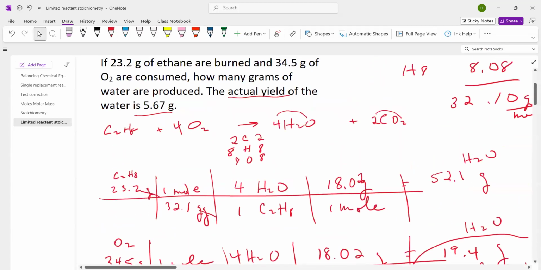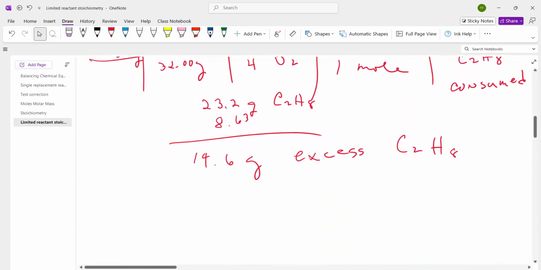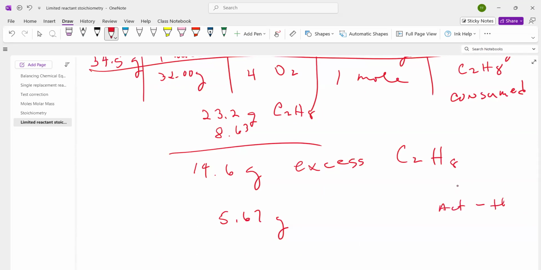Just ask anyone who's been in a relationship, they know that. Okay, we actually got 5.67. So it's actual over theoretical, all times 100. That'll be the percent yield.